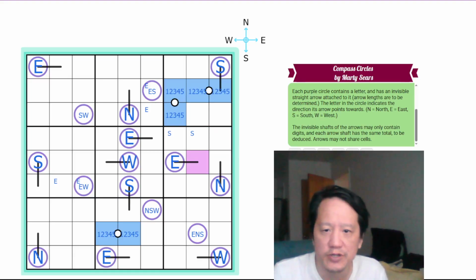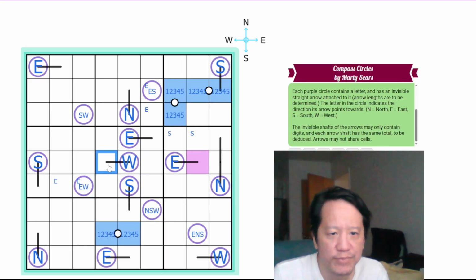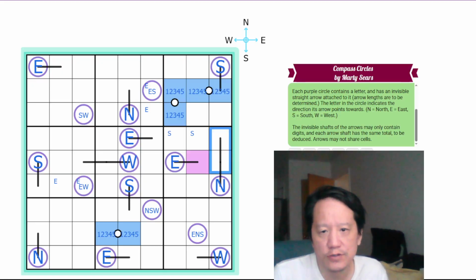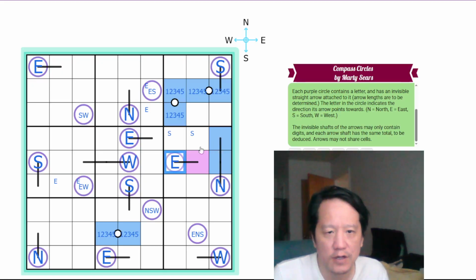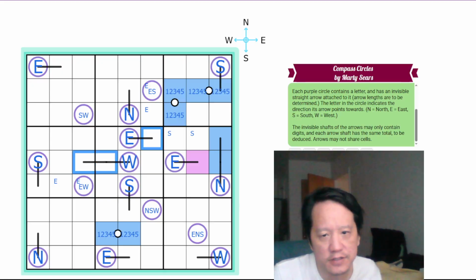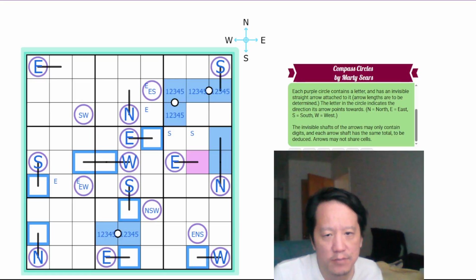This must then be 2 digits to add up to that. This can't be the singleton digit. It must be 2 digits there. So we'll mark those digits as any digits, as numerals, as blue.